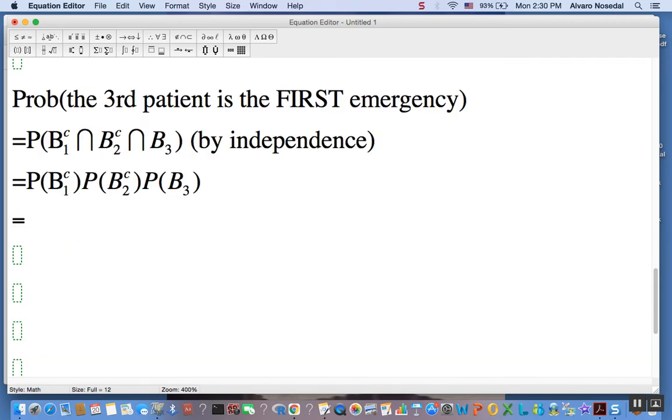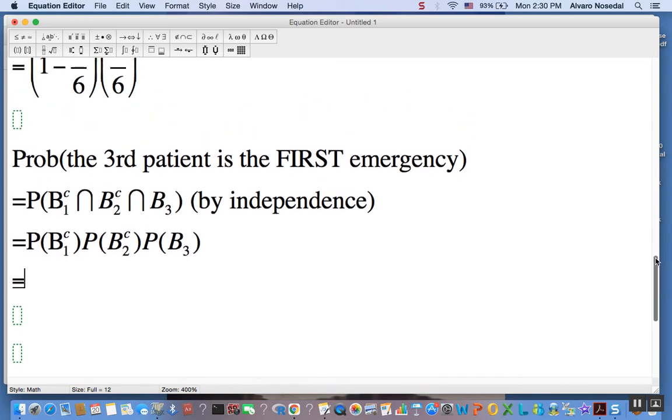But that just happens to be 1 minus 1 over 6 times 1 minus 1 over 6 times 1 over 6, right? So let me write it down.